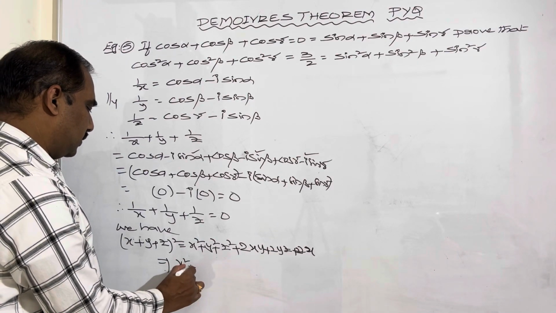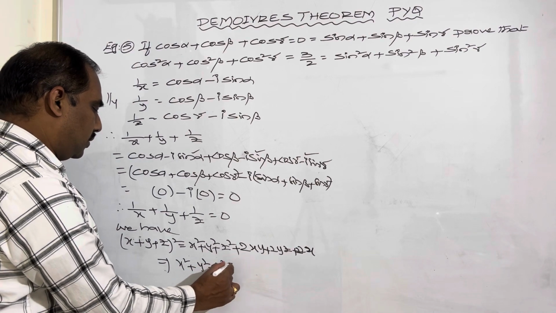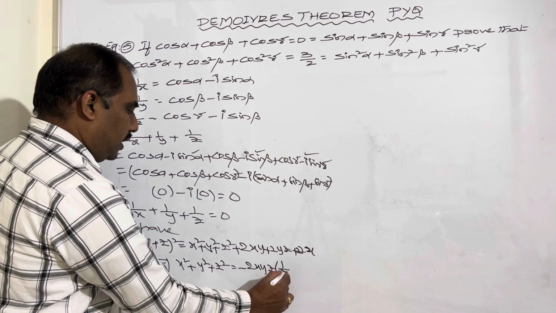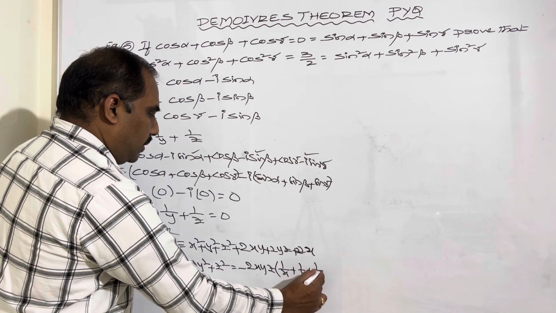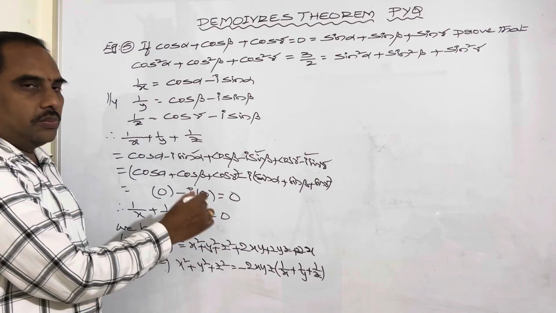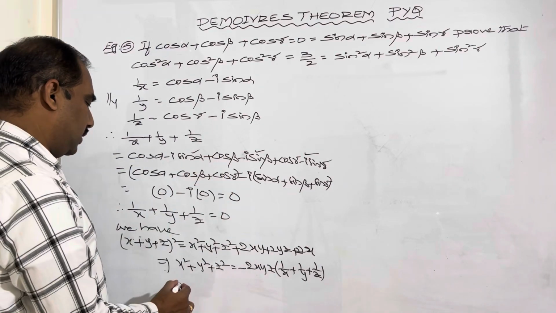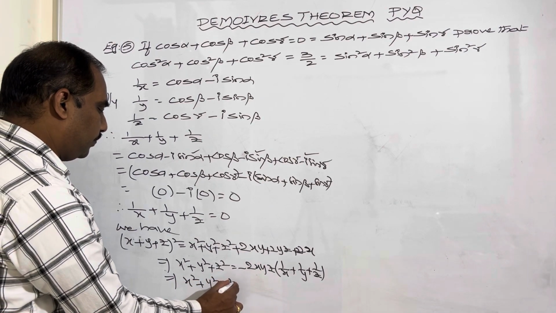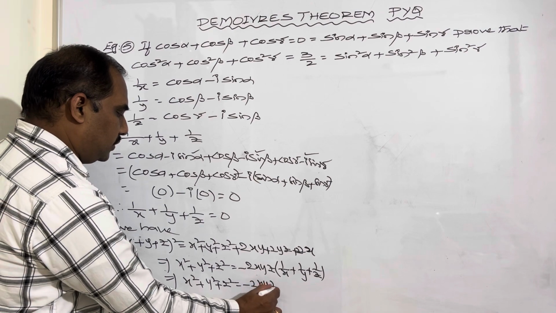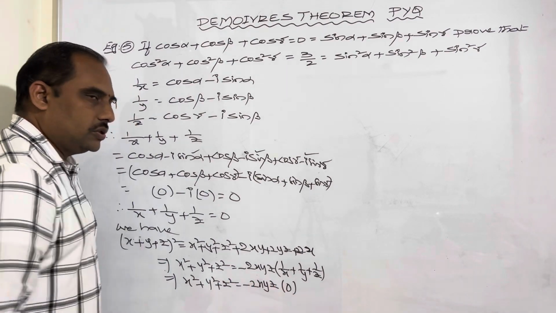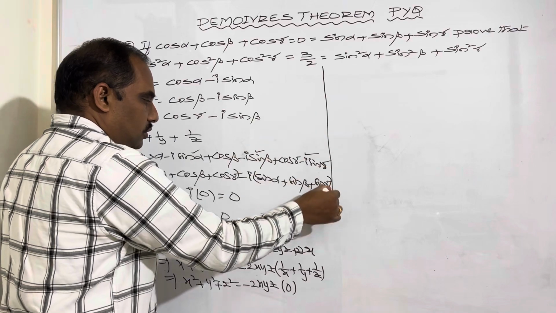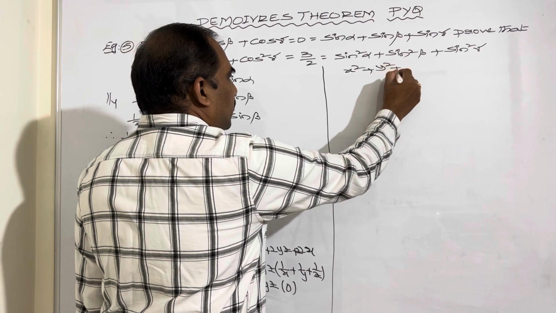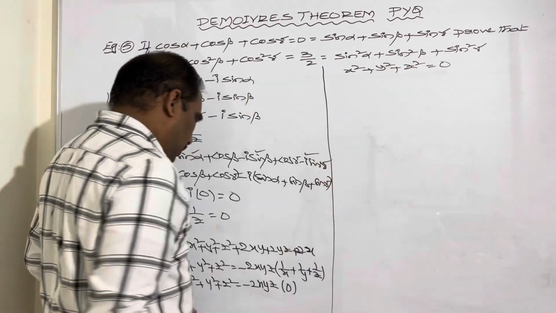So x square plus y square plus z square is equal to minus 2xyz into 1 by x plus 1 by y plus 1 by z. Now 1 by x plus 1 by y plus 1 by z is also equal to 0. So finally x square plus y square plus z square is equal to minus 2xyz into 0, which is equal to 0 we get.